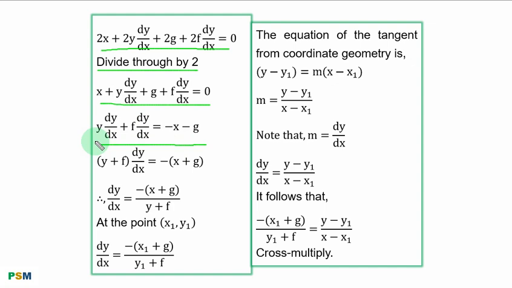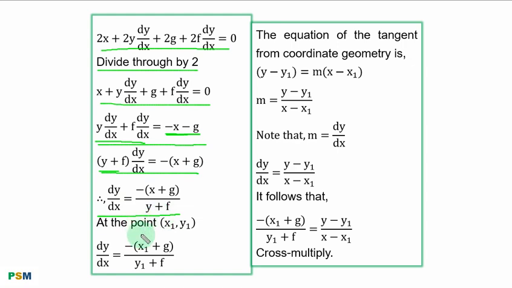From the left hand side, factor out dy/ds and factor out minus sign from the right hand side. You have this result. To get dy/ds, divide both sides by y plus f. You have it in this form.